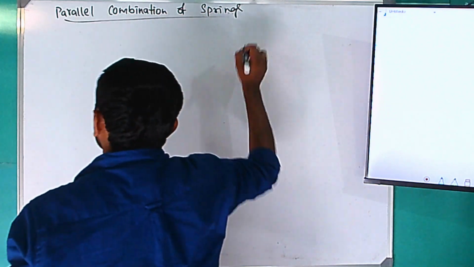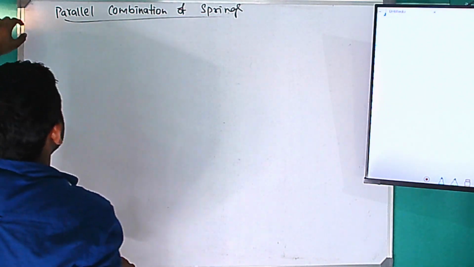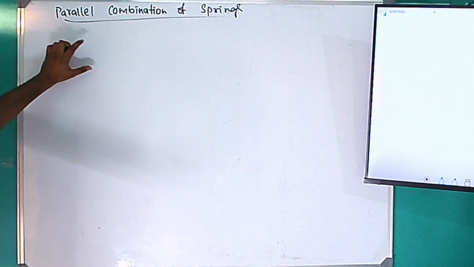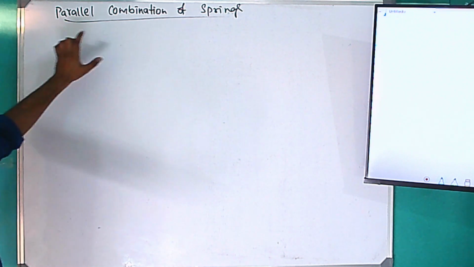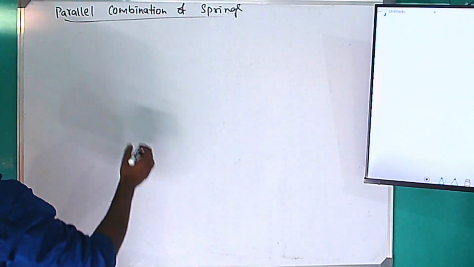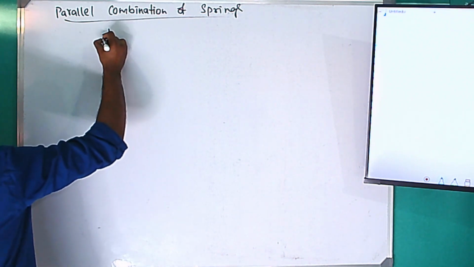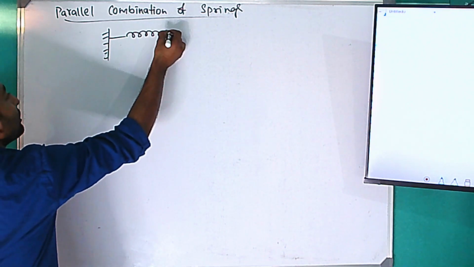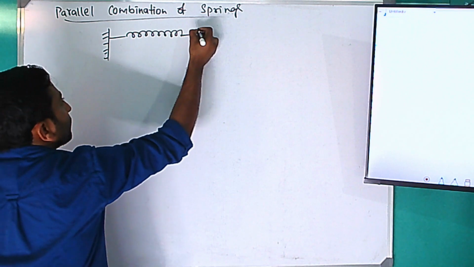Two springs are said to be connected in parallel if one end of both the springs is connected to a rigid support and the other end is connected to the mass. Let me draw here. This is one example of a combination of springs in parallel.